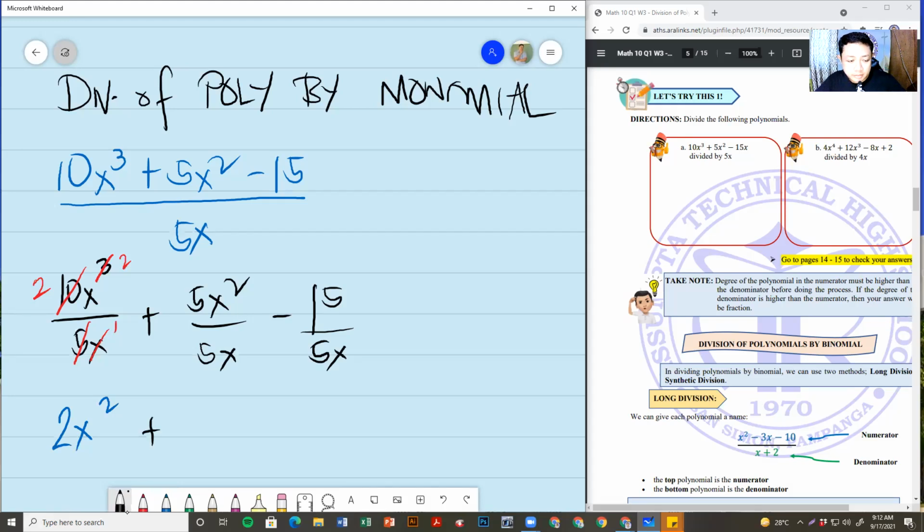Plus, this is just a review. Let's move on. This one, coefficient to coefficient, 5 divided by 5, that's 1. Got it? And then x squared divided by x. This is 2, this is 1. What's left here is 1. So we subtract exponents. Remember, we subtract the exponents when we divide. Okay?